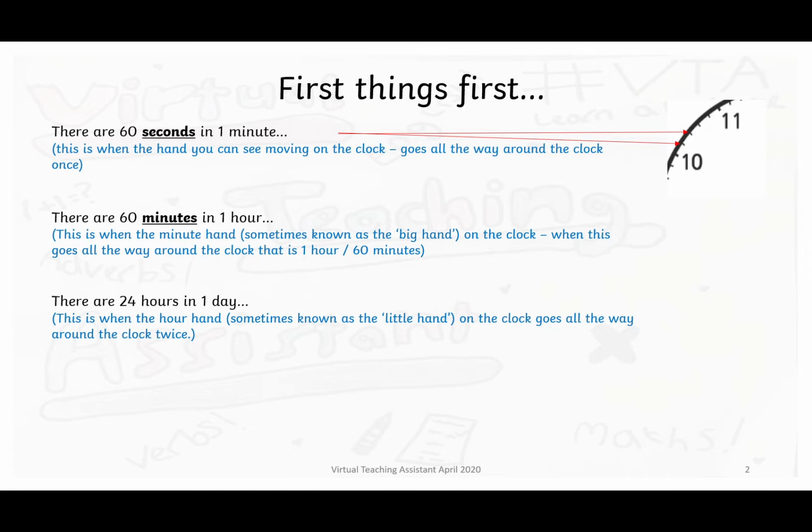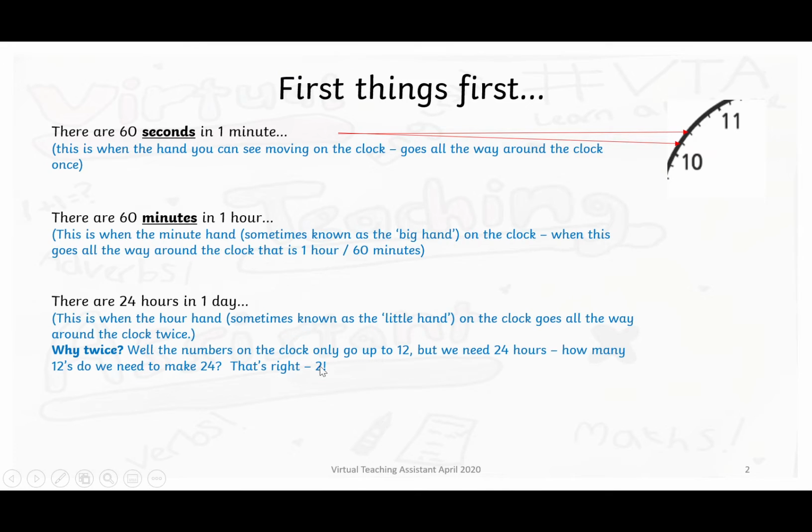How many 12s do we need to make up our 24 hours? That's right, it's 2. And just for good measure, to complete the picture, there are 7 days in 1 week. I know you know all of those, guys. We've got Monday, Tuesday, Wednesday, Thursday, Friday, Saturday, Sunday.